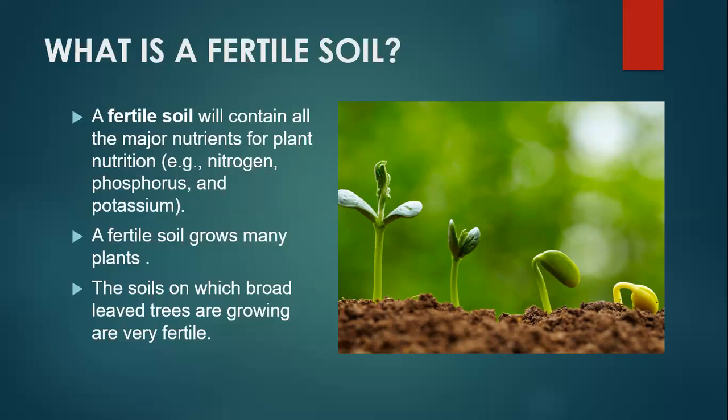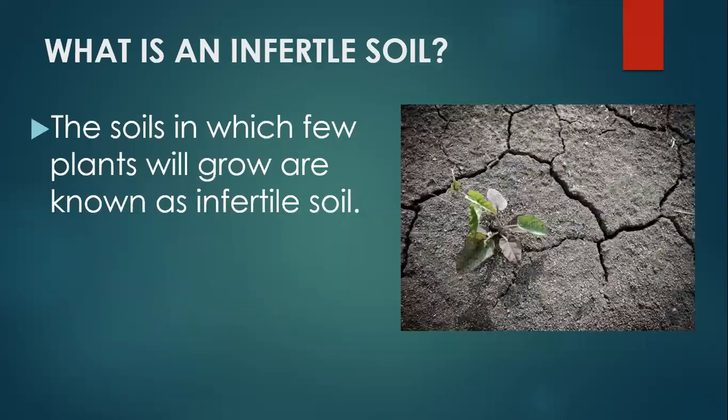So this is a fertile soil. A fertile soil will contain all the major nutrients for plant nutrition. Examples are nitrogen, phosphorus, and potassium. These are the minerals or nutrients for the plants to grow well.